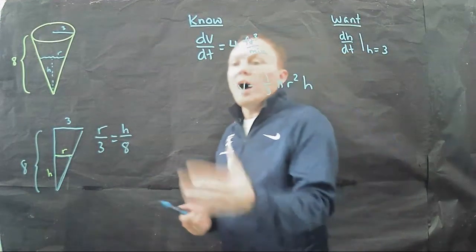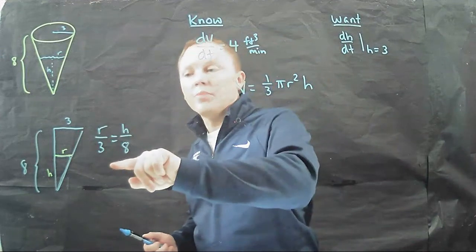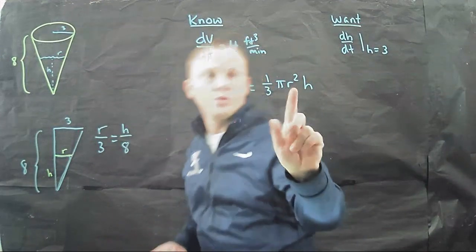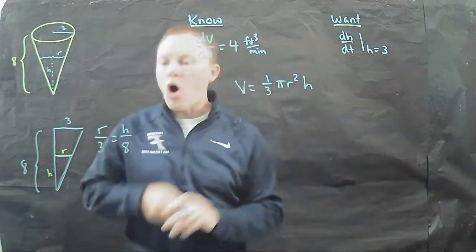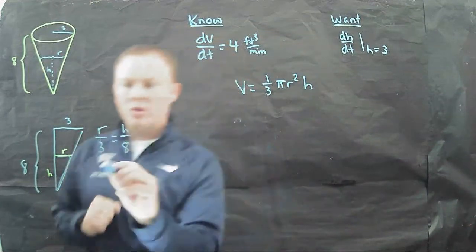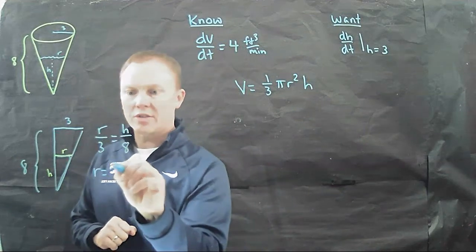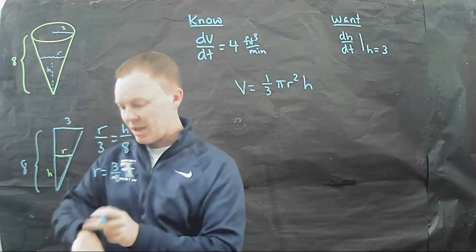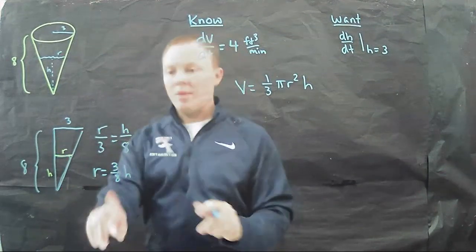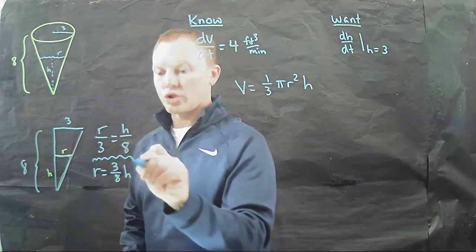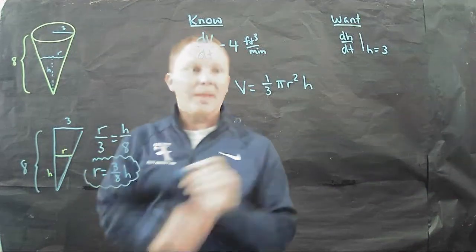So now I have a relationship between R and H that I can use over here. So let's get R in terms of H. Well, it looks to me like R is 3/8 times H. Okay, R is 3/8 times H. So now I'm going to take this and plug it in over here.